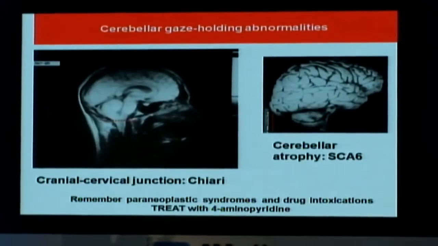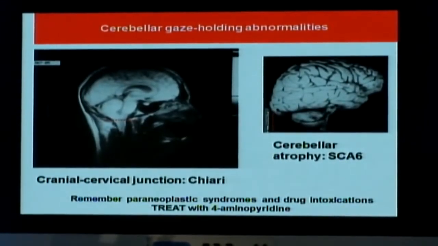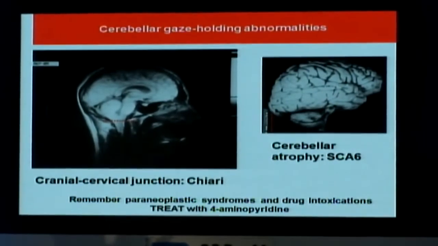Here are a couple of common examples where we see this. The Chiari malformation: you see the cerebellar tonsils are below the foramen magnum. And the spinocerebellar degenerations, in particular what we call SCA6, which is a dominantly inherited, late-onset, very common spinocerebellar degeneration. The cerebellum is half normal size here.